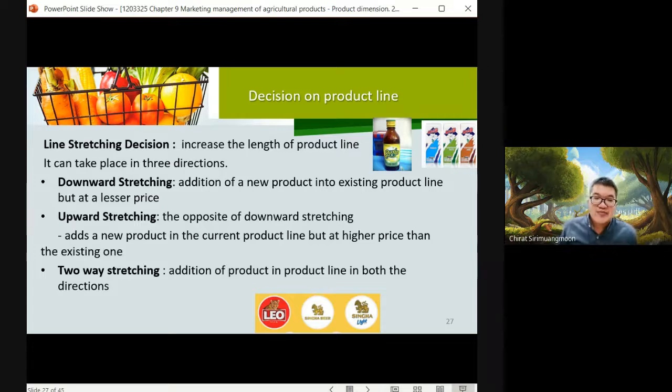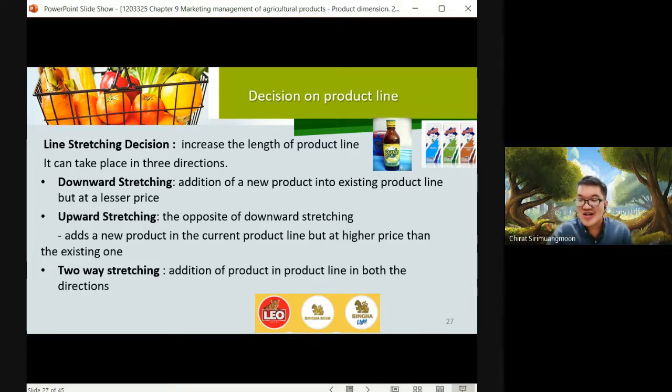Okay. So the first thing you can do for line stretching is downward stretching. Downward stretching is when you create a new product that has a lower price or lower quality. This happens a lot because you need to control the market share.